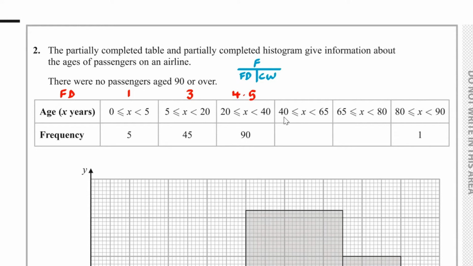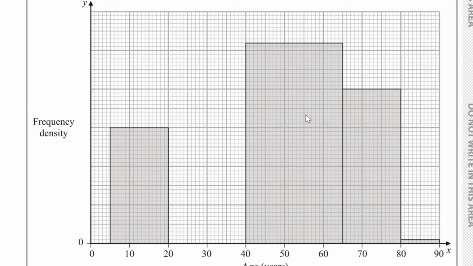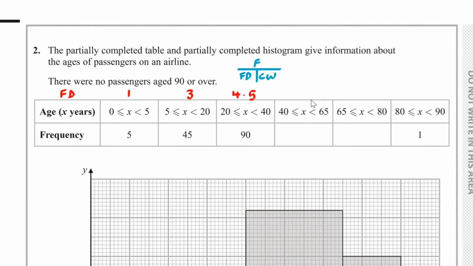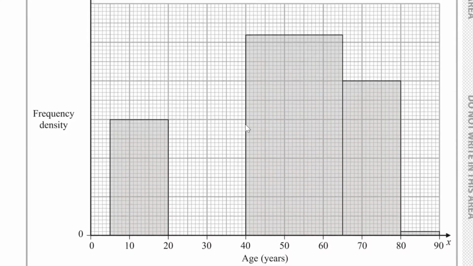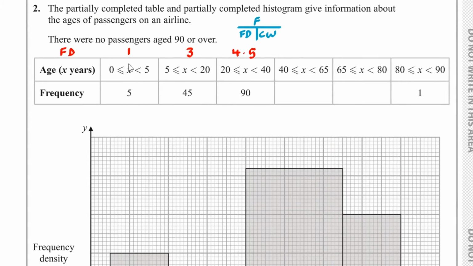What about from 40 to 65? Well, 40 to 65, that's all of this area here. Now before we do anything else, what we can do is use the information here to add on our frequency densities. We know from 0 to 5 we have a frequency density of 1.